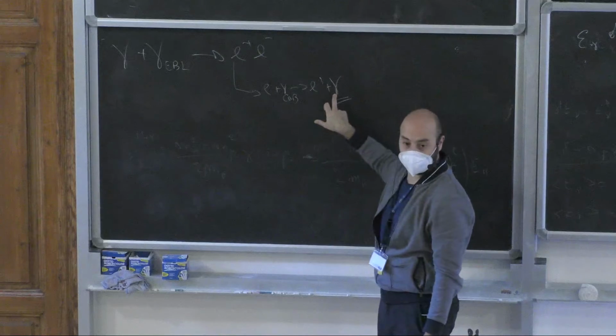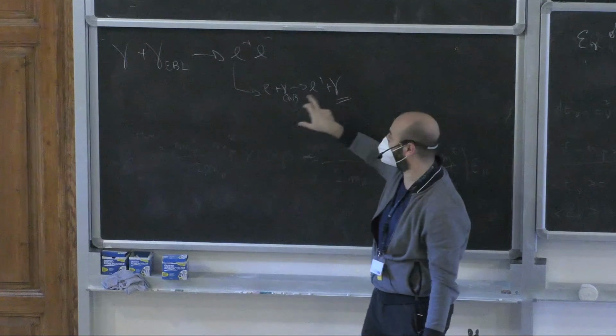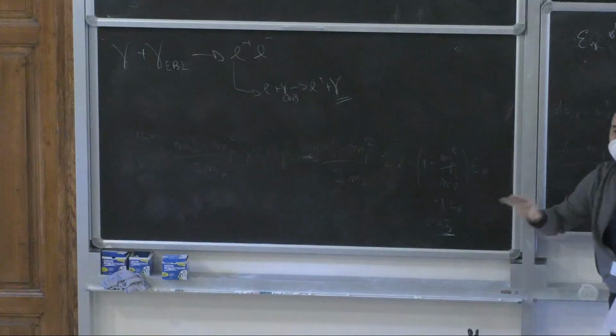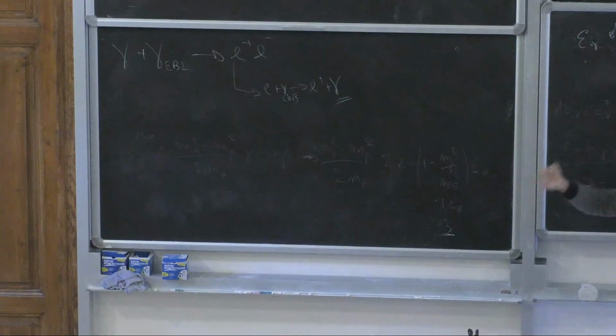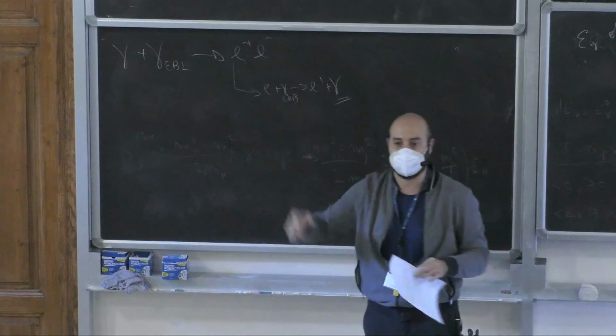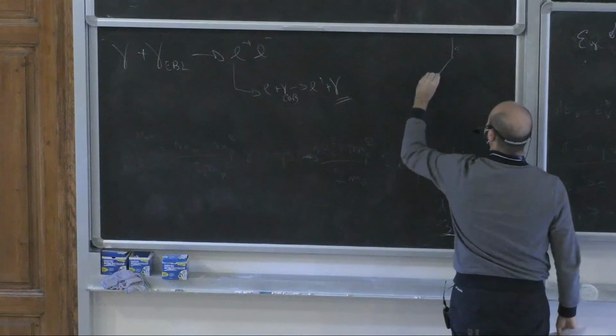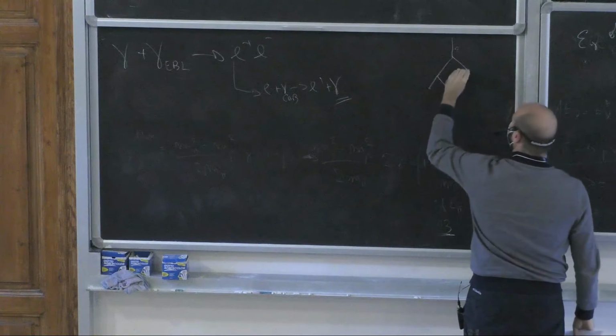If this new energy is still above the threshold for pair producing, this goes on. And this is a cosmological analogue of the process of a shower development in the atmosphere. Remember our friend Heitler? A multiplicative type of shower.